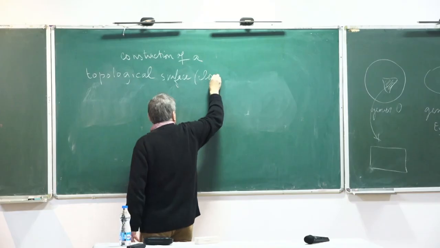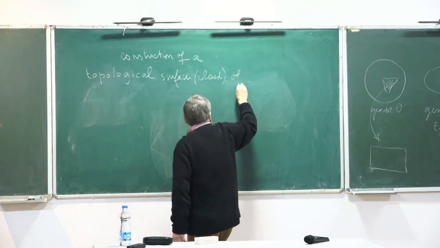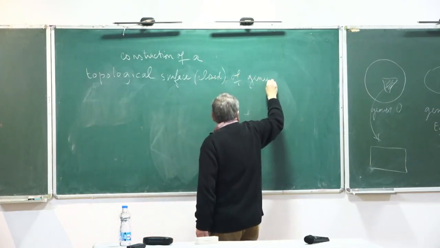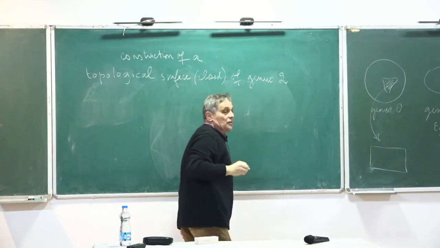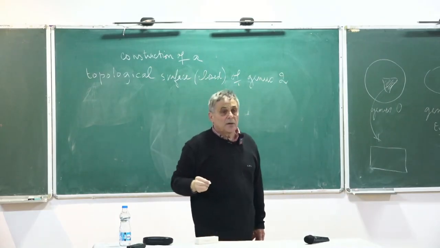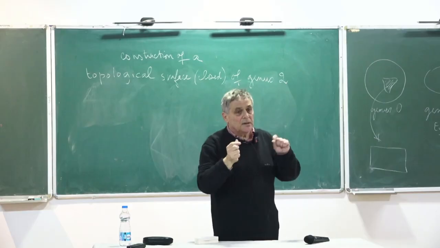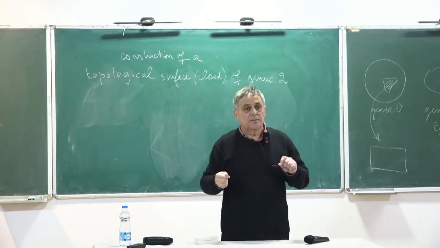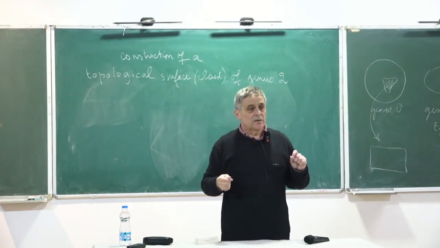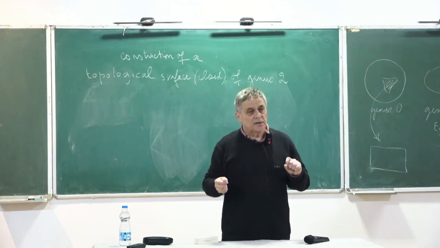We're talking now about closed surfaces of genus 2, which is obtained by gluing some polygons in the plane. Those of you who had a topology course on surfaces know how to do this.